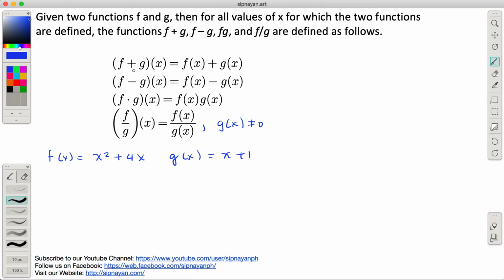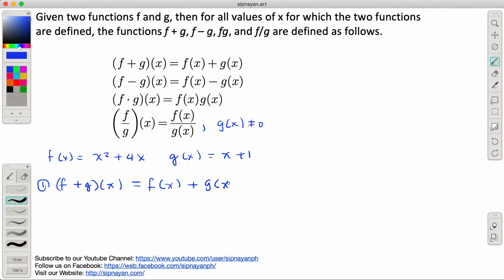So, paano kung f plus g of x? Anong gagawin natin? F plus g of x. Kapag in-add natin yung dalawang functions na yan according to the definition, this is equal to f of x plus g of x. That's according to the definition.